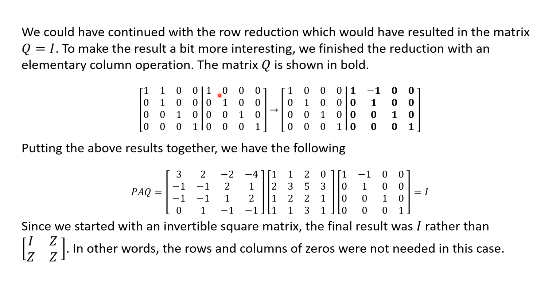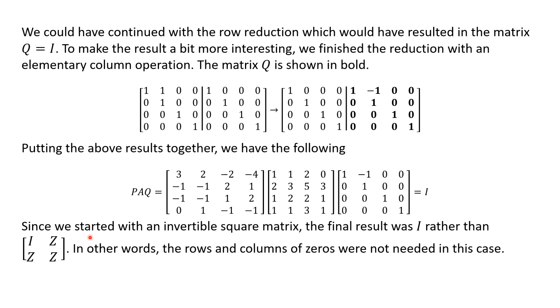And again, we track that with an identity matrix here, and we get this matrix here. Putting the results together, we have P times A times Q equals this. This was P from the previous slide. This was the matrix we started with. This is our Q, and it equals I.